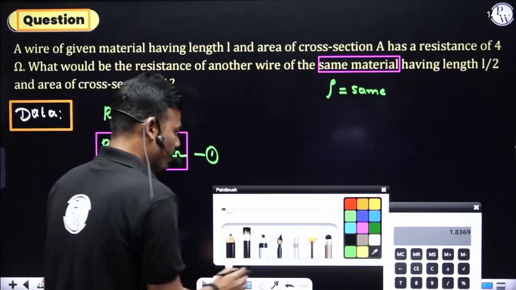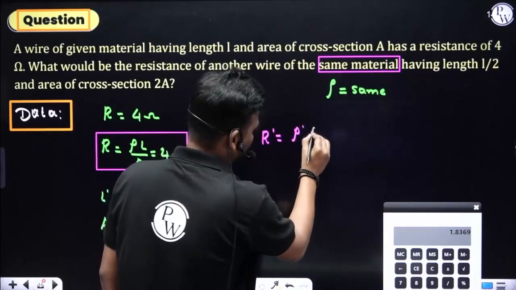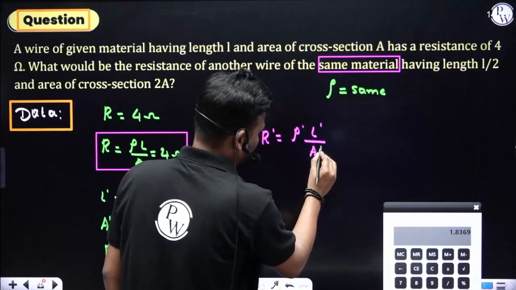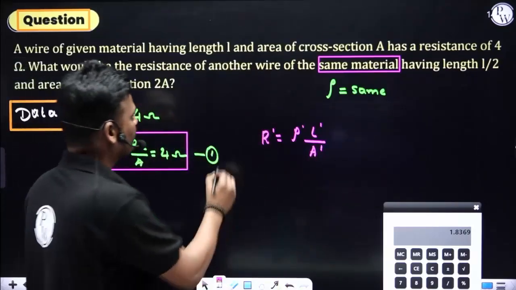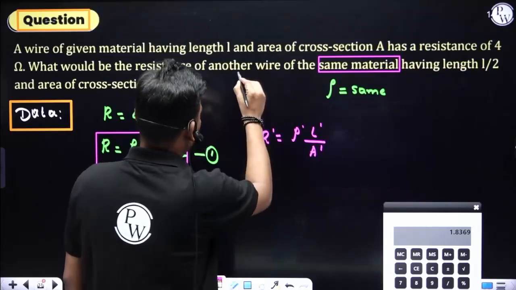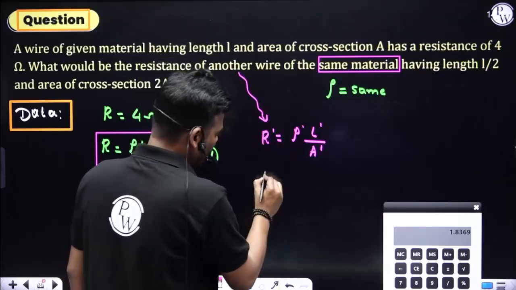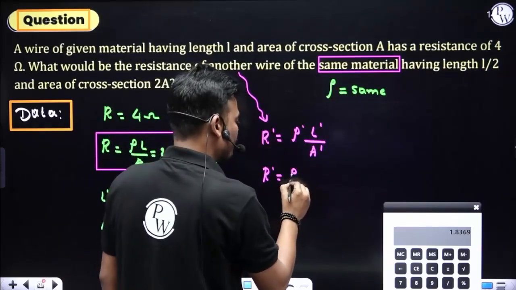So the new resistance, here I am writing this: R dash equals rho dash L dash divided by A dash. R dash indicates the new resistance, or else the resistance of another wire. As it is the same material, rho is the same.